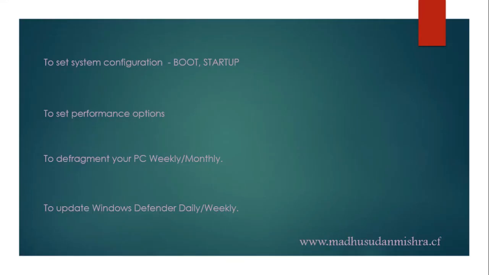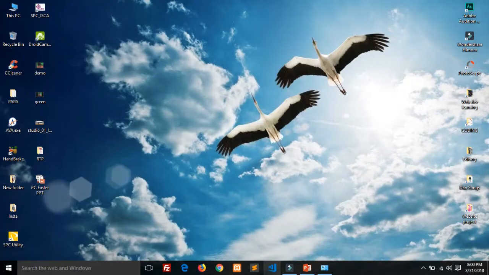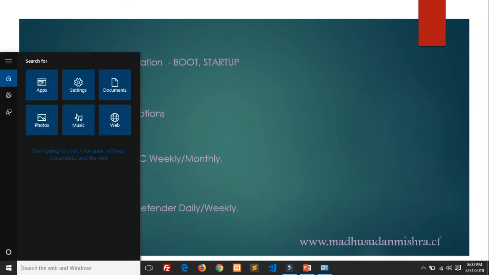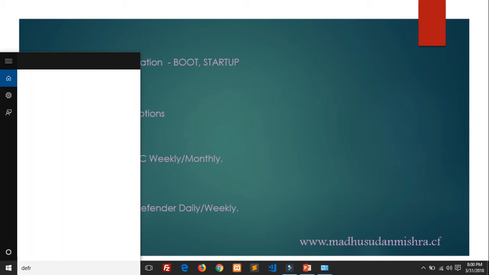And third, we are going to see how to defragment your PC. To find the option of defragmentation, go to the desktop and click on the search taskbar here, and search for defrag. And yes, here it is, Defragment and Optimize Drives.